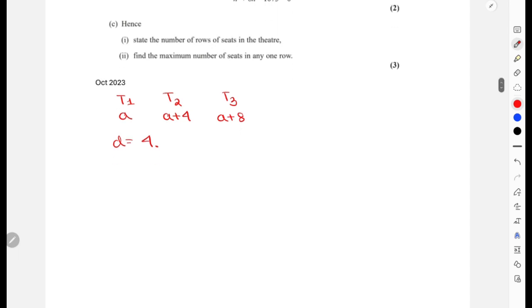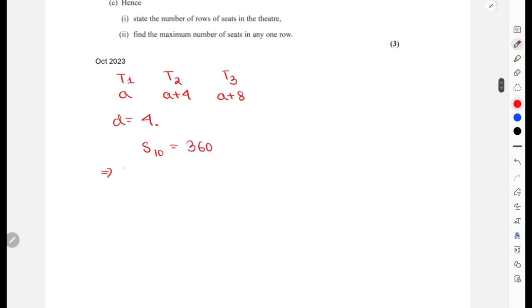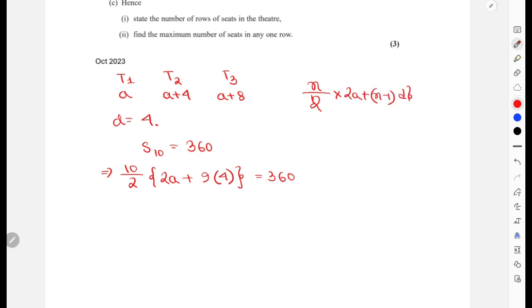First term is a. That means from S10, which was already given as 360, you can write this as 10 by 2, 2a plus n minus 1 is going to be 9, 9d is 4, and this is equals to 360. Remember, I'm using the formula n by 2, 2a plus n minus 1 d, and that is your expression for the formula that I'm using over here.